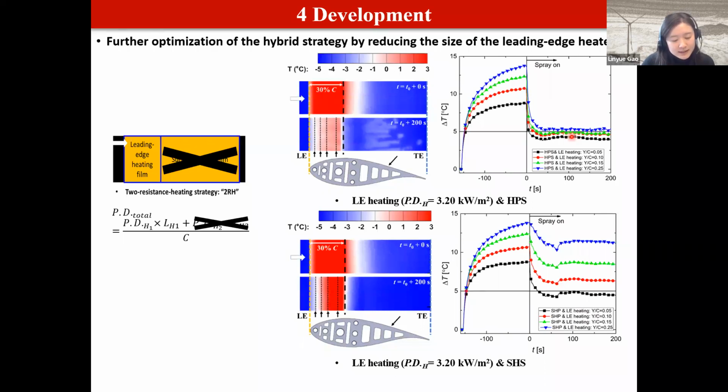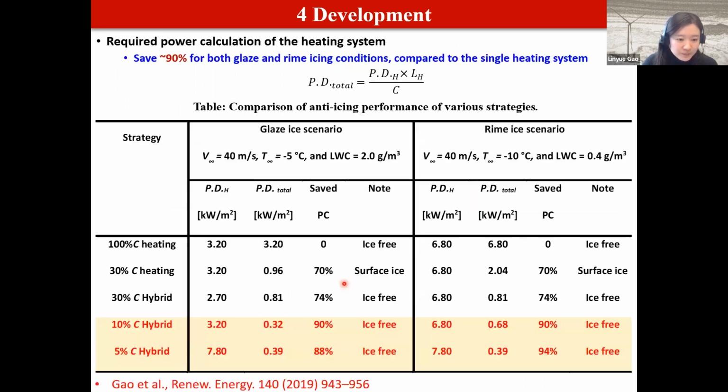And we conducted a series of tests using an infrared camera, so we know the temperature at different locations. We found that near this region we also have very high temperature. That means we can minimize the size of the leading edge heating film.